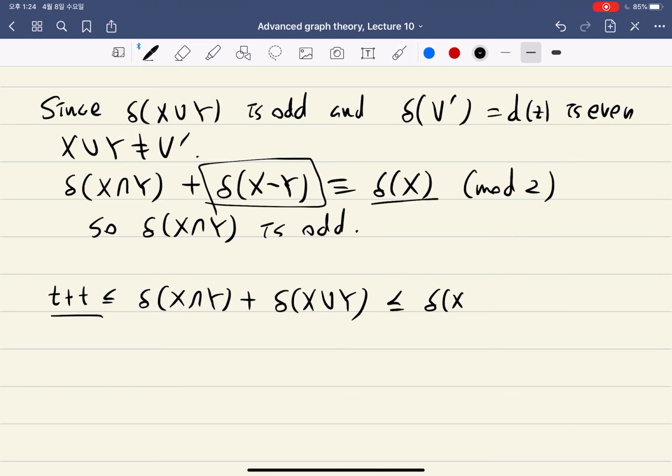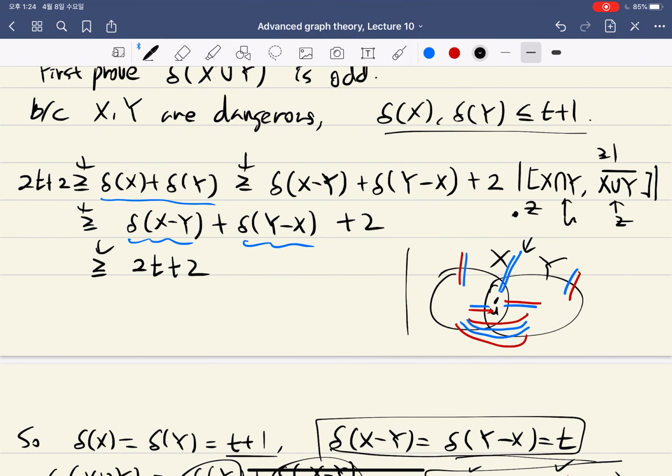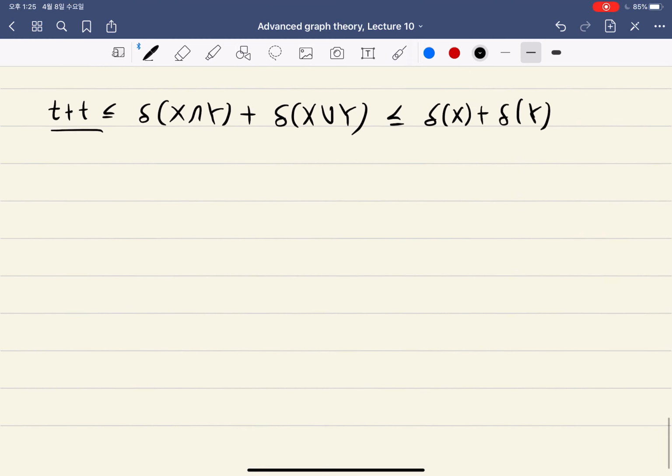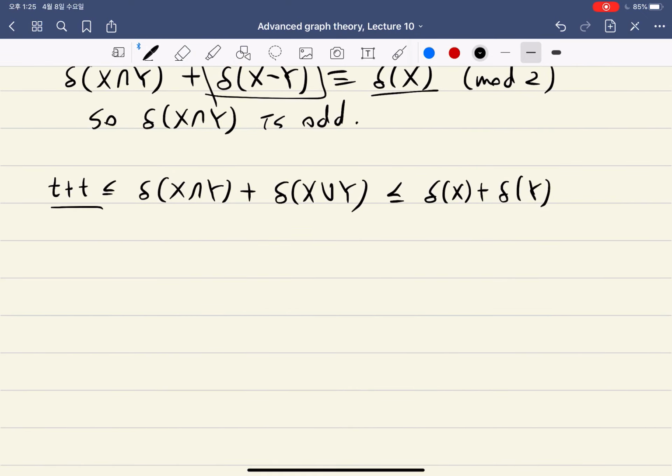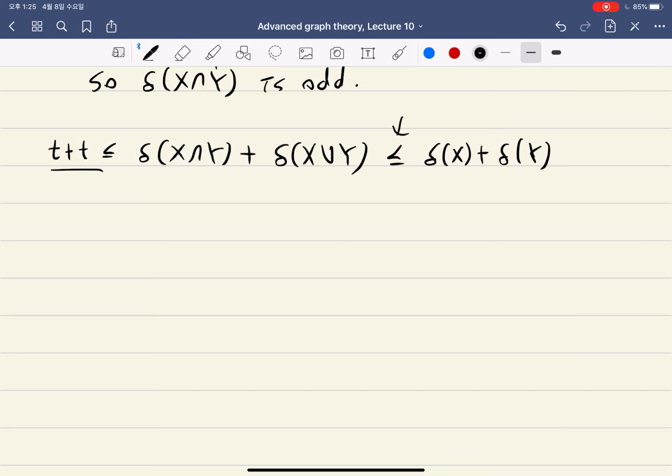And we know that this is at most delta x plus delta y, again, by the same logic as here. So all of these, again, you can check that this inequality holds. And then you know that this is at most 2t plus 2.